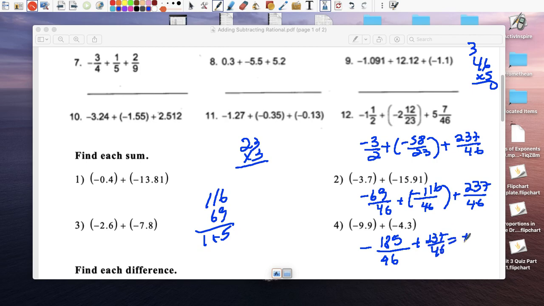The answer is going to be positive because 237 has the greater absolute value, so it's positive something over 46. We subtract 237 minus 185, which is 52 over 46. We get 1 and 6 over 46, the same exact answer, 1 and 3 over 23. So you get to pick which way you want to do it.